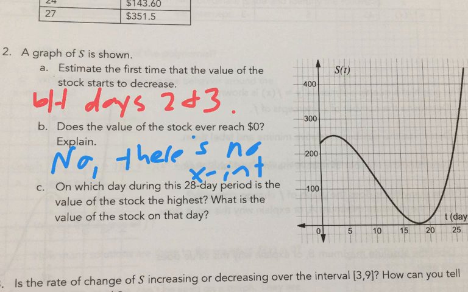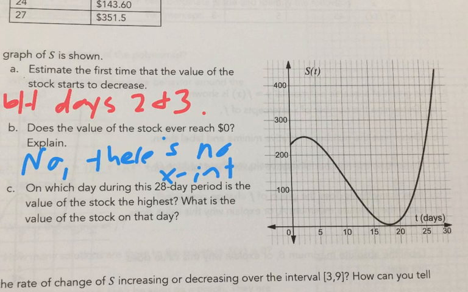And we're looking through 28 days. So if you look at the graph, right here's day 27. It's here. Does it ever go higher than this point? It does. It continues to go up all the way to the very end. So on day 28, it looks like it's at 450.